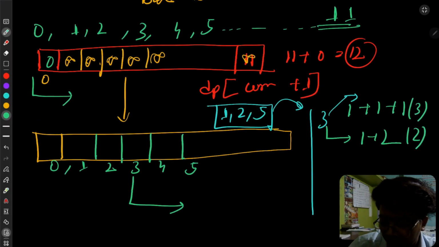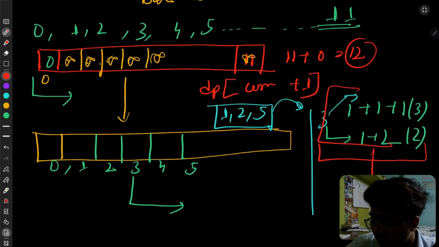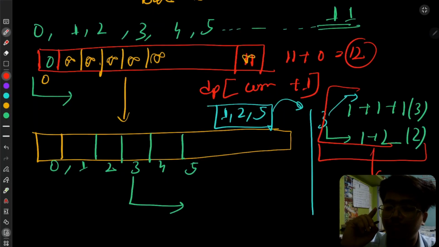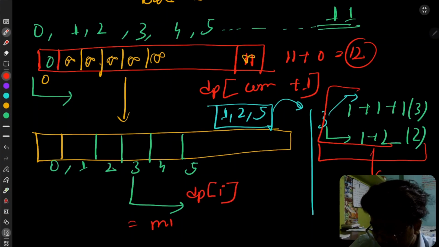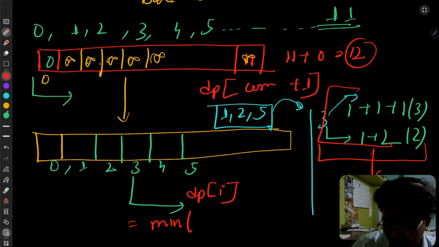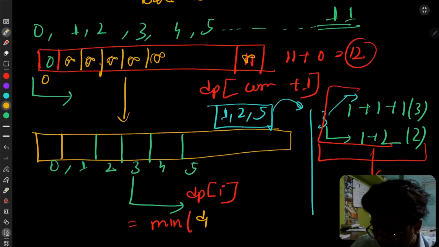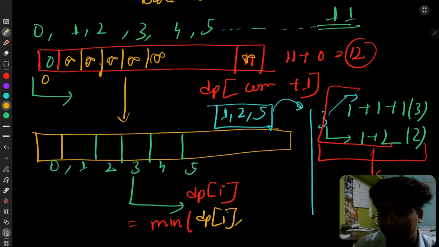Among them, what do we have to take? We have to take the minimum one, so we'll take this 2. That minimum becomes the DP value. So we'll set DP of i to the minimum of the previous value, DP of i, or the current value.